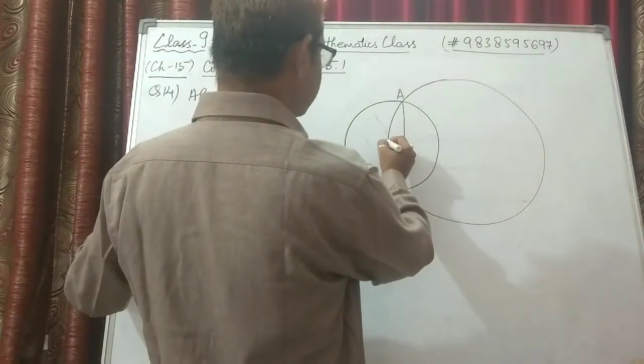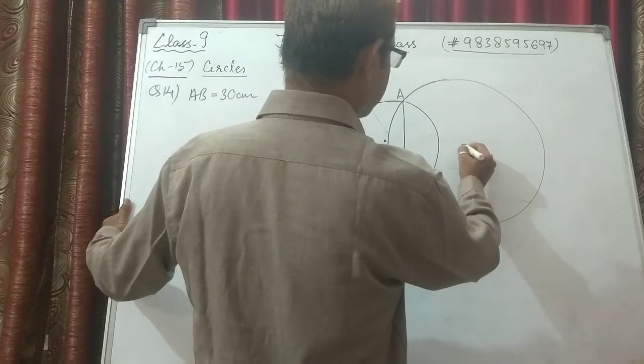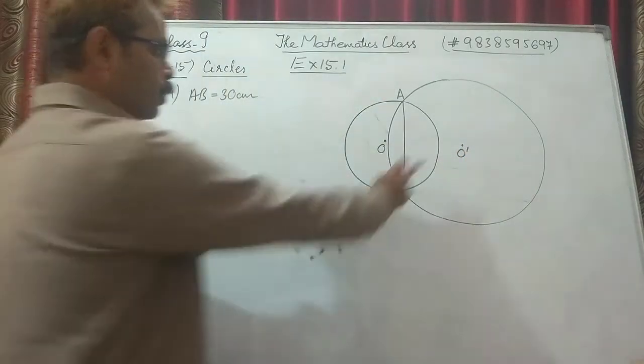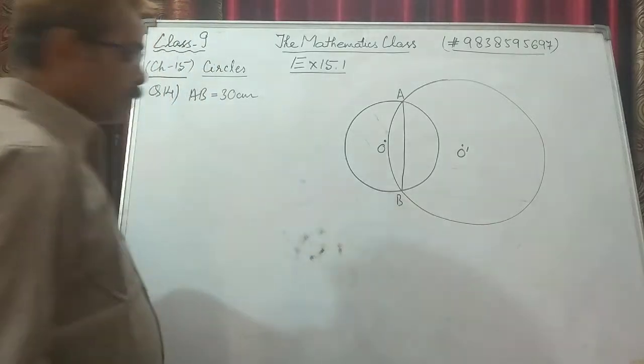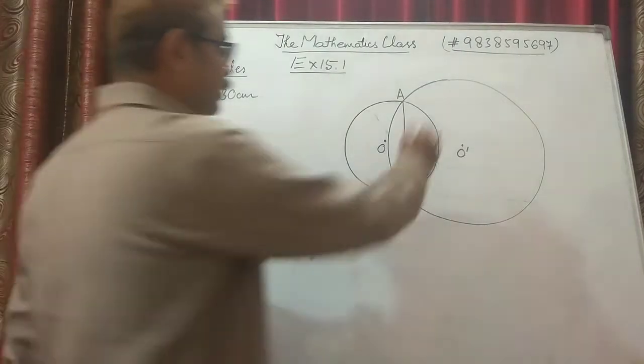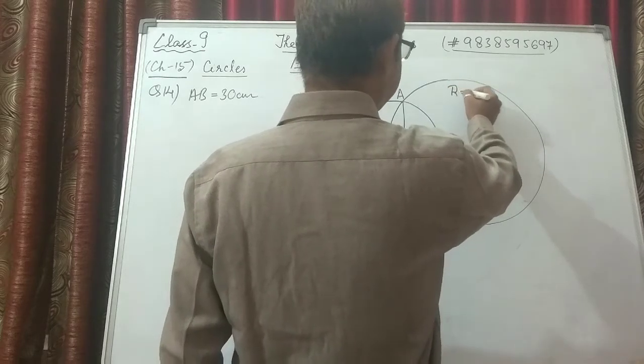Let the center of the first circle be represented by O, and let the center of the second circle be represented by O dash. Now what do they say? The radii of the 2 circles: this is the bigger circle, so I am writing capital R as the radius.